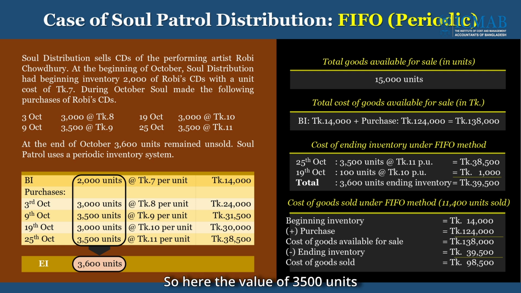So the value of 3500 units will be considered at Taka 11 per unit, so the total value is 38,500, and the value of 100 units would be considered at Taka 10 per unit, so the value of these 100 units is 1000. So the total value of ending inventory will be 39,500.